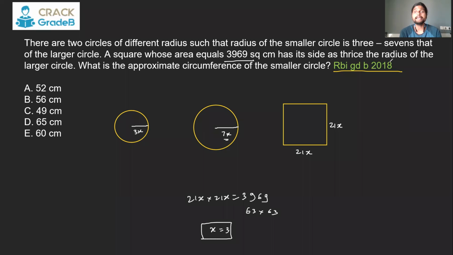So if x is 3, they are asking, what is the approximate circumference of the smaller circle? Putting x is equal to 3 here, you get radius as 9. So just put the radius equal to 9 in the formula of circumference, that is 2 into pi into r. That will give us the circumference of this smaller circle.